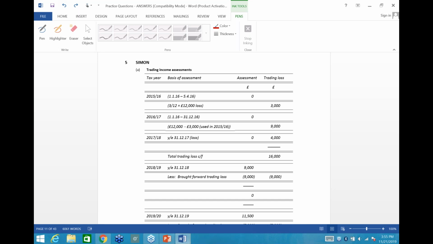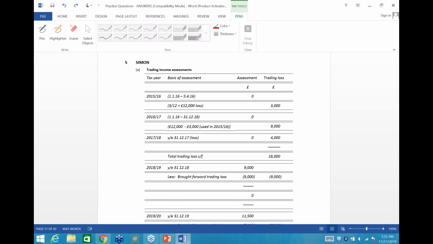There can be situations most of the time where the accounting period is different from the tax year that you are in. So if the tax year and the accounting periods are different from each other, to make them compatible, we are using something called basis of assessment rules.